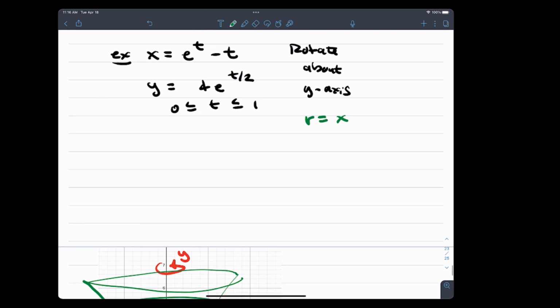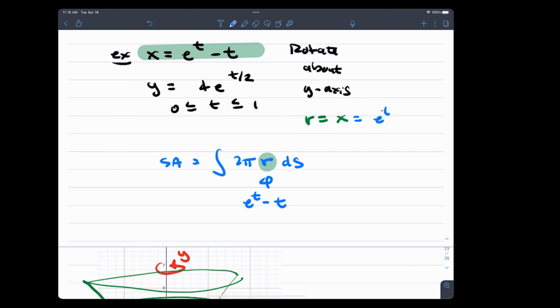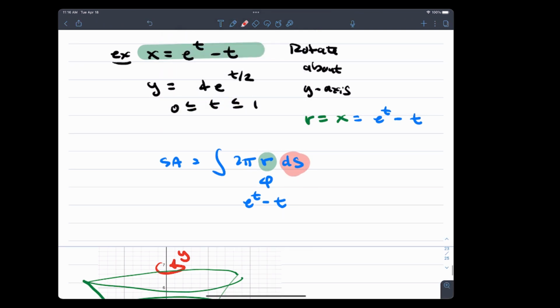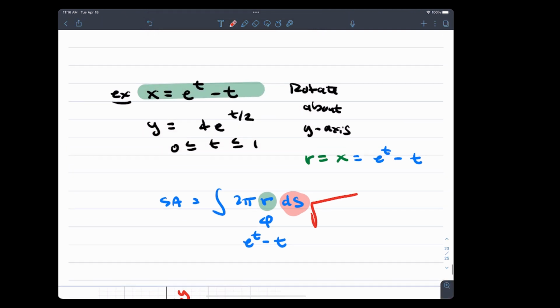Because in our surface area formula, that's the integral of 2 pi r ds. Now the radius is going to be this x value, so replace that with e to the t minus t. There's your radius value. The ds part, though, we have to replace ds with square root x prime squared plus y prime squared dt.